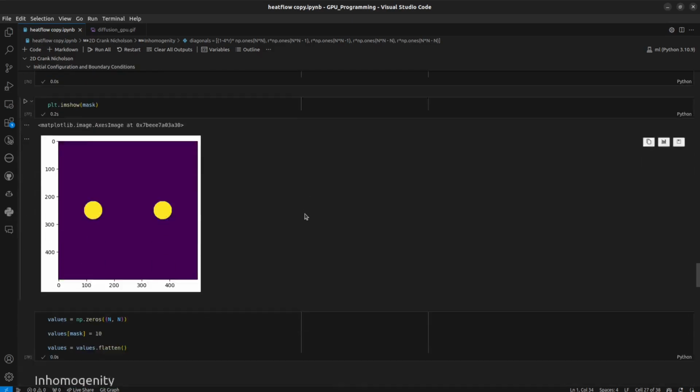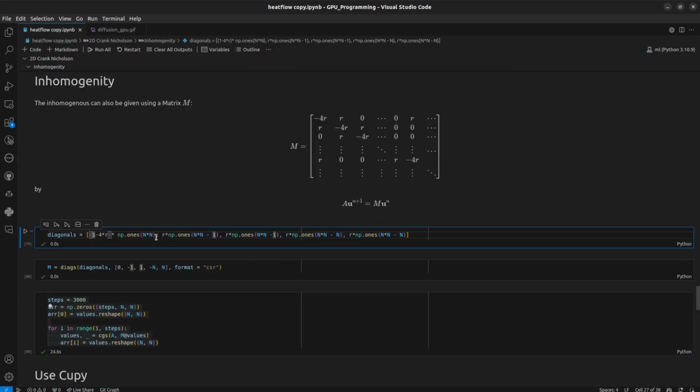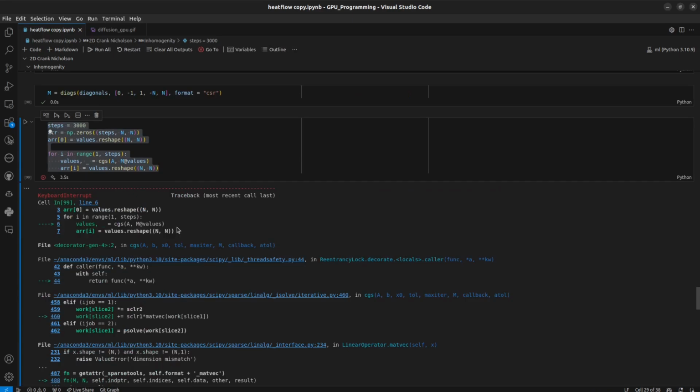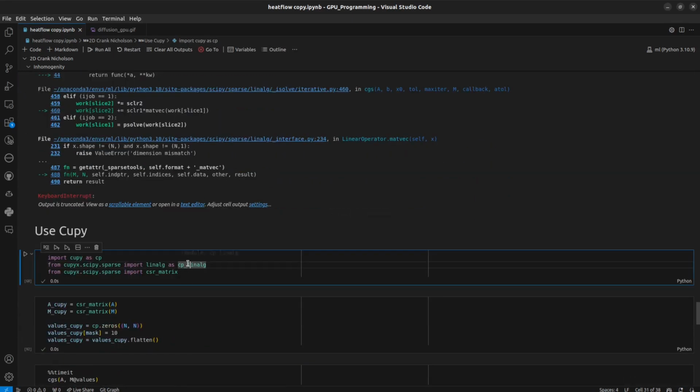So in the end, it actually should be 1 minus 4r. And if we run it again, now it's going to yield the correct values.